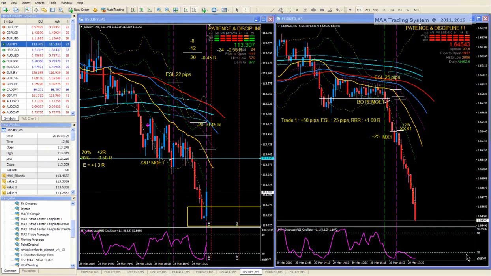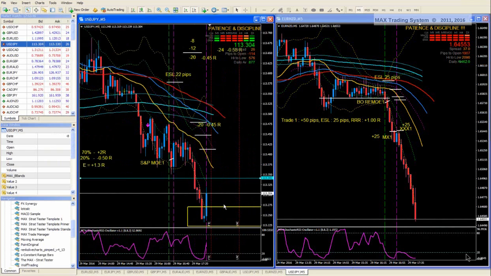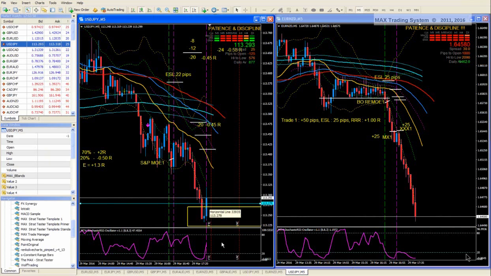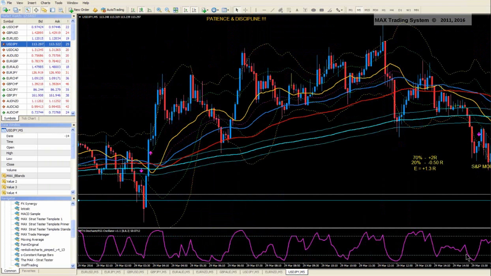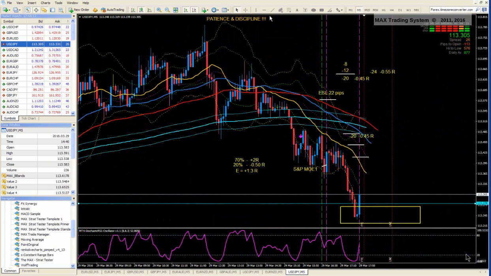Yeah, it would have been possible to make an MX at 113.28, somewhere here. So with the MAX standard, knowing that we are in that specific time window when we see the exhaustion of the movement, sorry for that, this level here would have been an MX level.